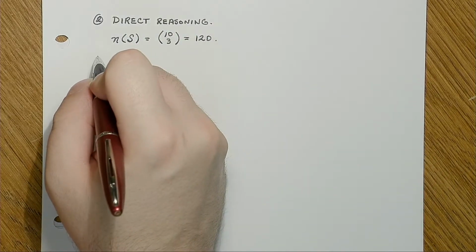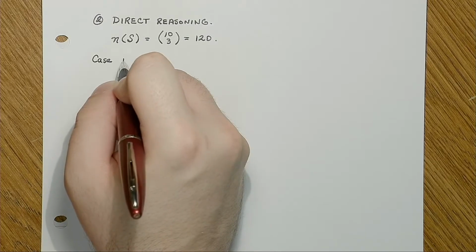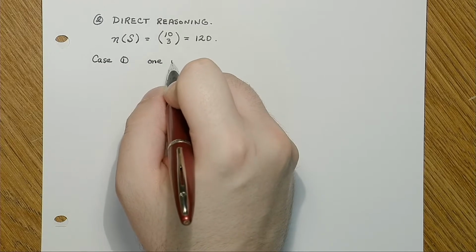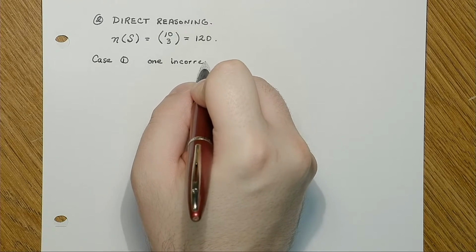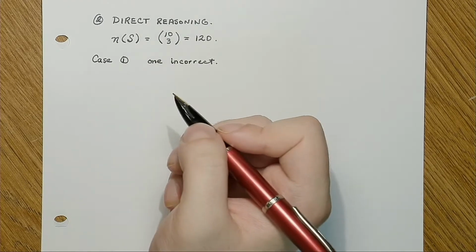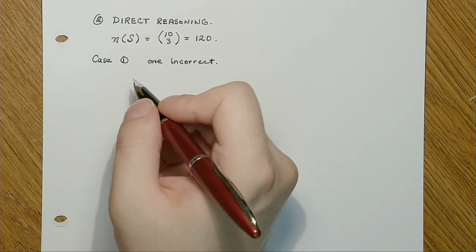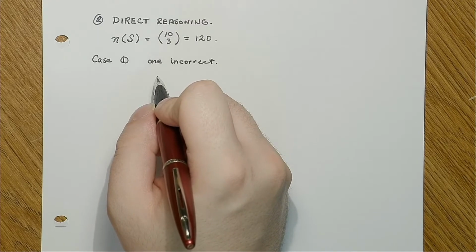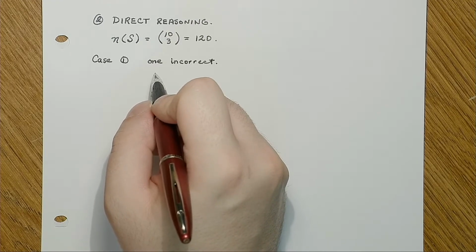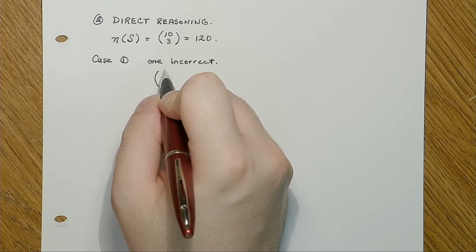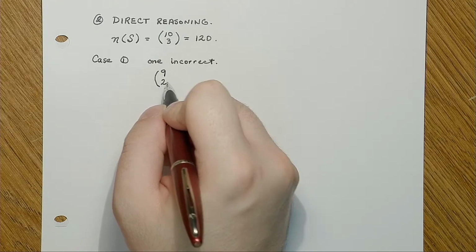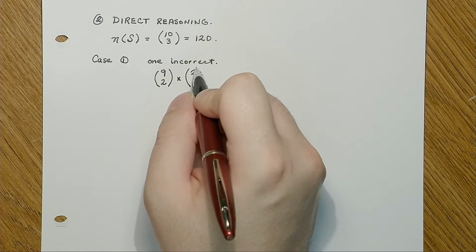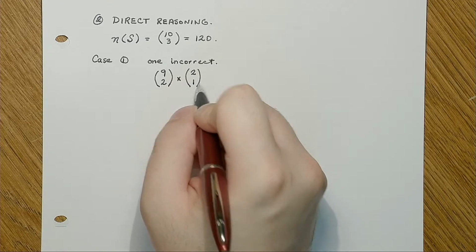We'll take cases. So we'll have case 1 where there's 1 incorrect. So if there's 1 incorrect, that would mean that you would have 9 questions and you're going to choose 2 of them, multiplied by, you have the 2 incorrect and you're going to pick 1.